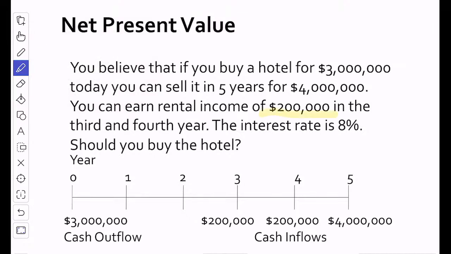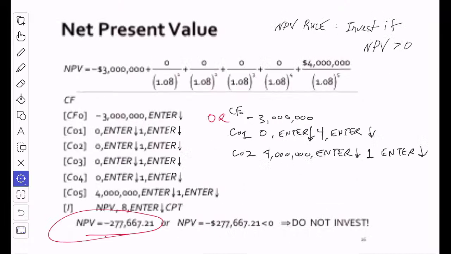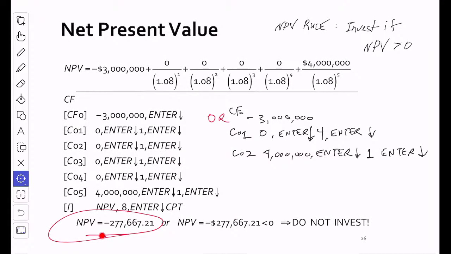In the third and fourth year. Again, we're going to stick with the 8% interest. Should you now buy the hotel? We'll do those amounts of $400,000 in the future to offset that loss, that opportunity cost.